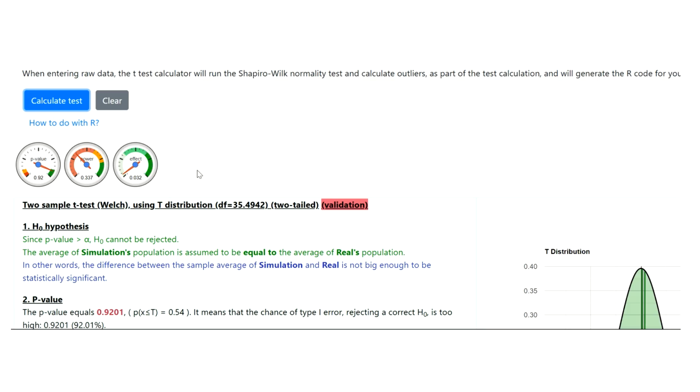So the conclusion is that we are able to recognize that the model is valid, at least in terms of there being no significant, or better to say statistical, difference between mean values from simulated values and from real values.